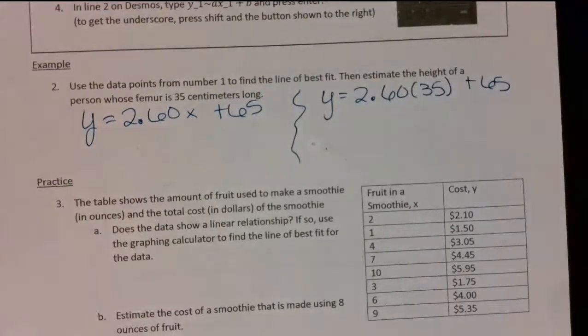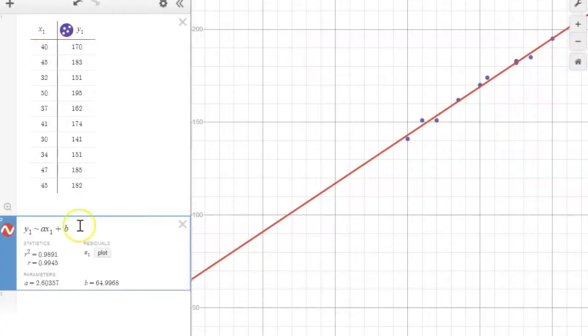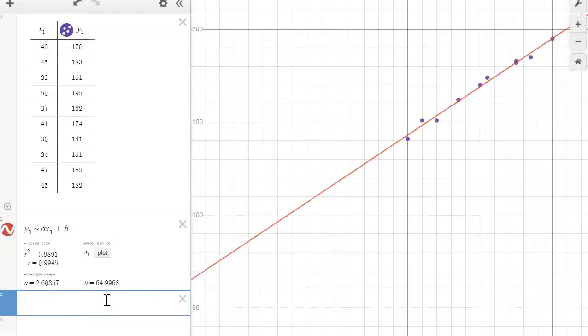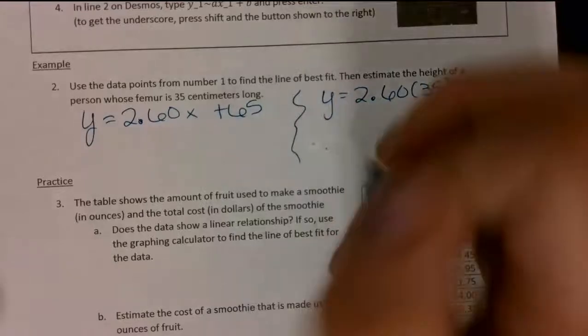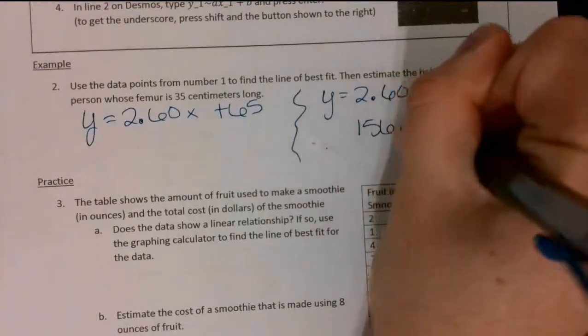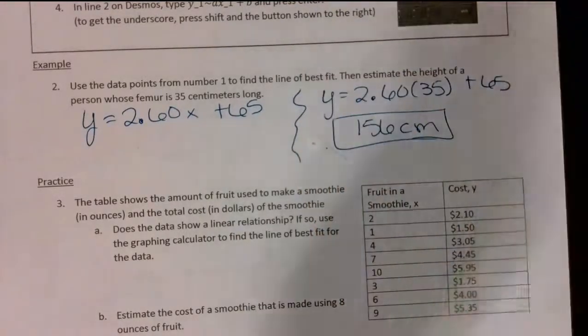I'm going to go back to Desmos and type that in. So I have 2.60 times 35 plus 65, which gives me 156. So they are 156 centimeters tall, or they should be around.